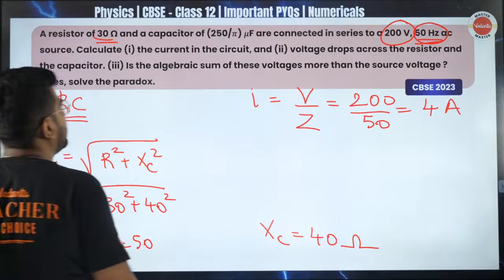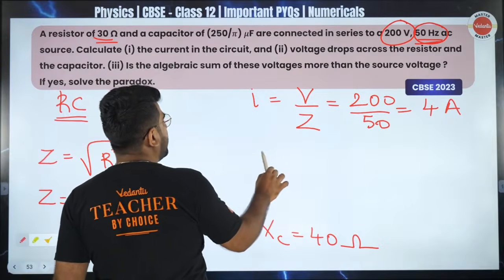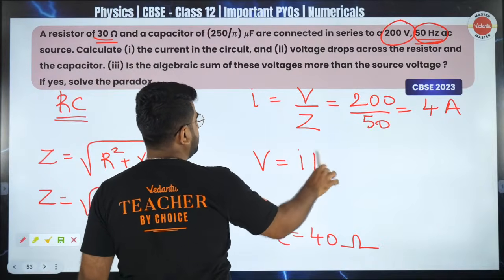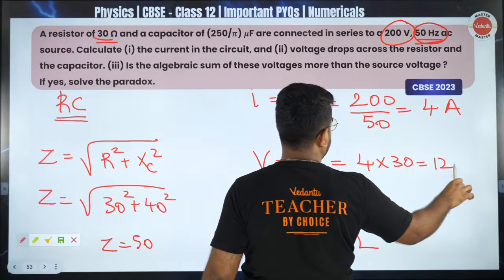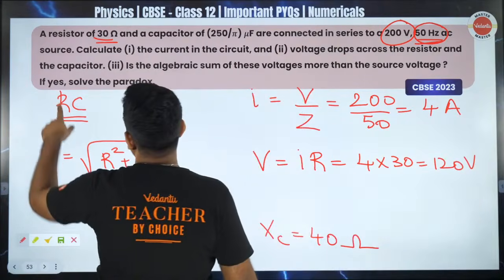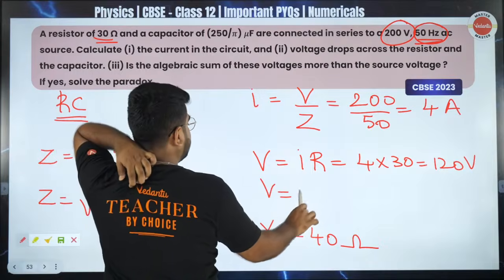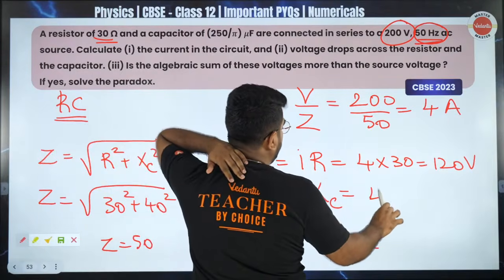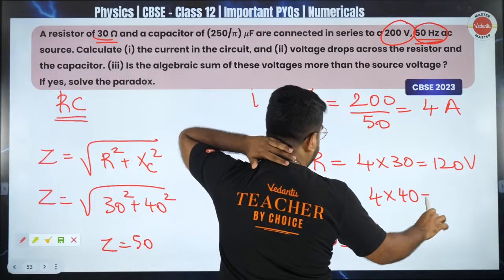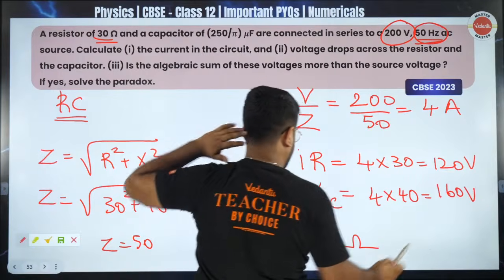Voltage drop across the resistor is IR. So IR is 4 into 30, which is 120 volt. And voltage drop across the capacitor is I into capacitive reactance, so that is 4 into 40, which is 160 volt.